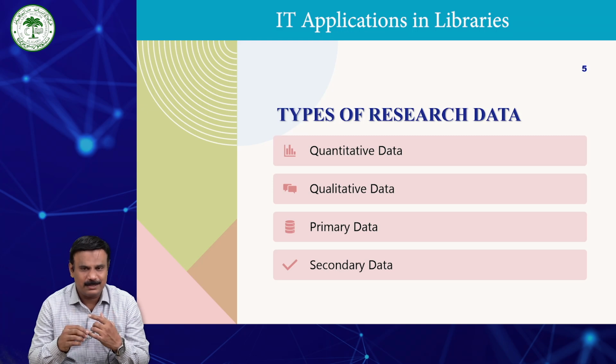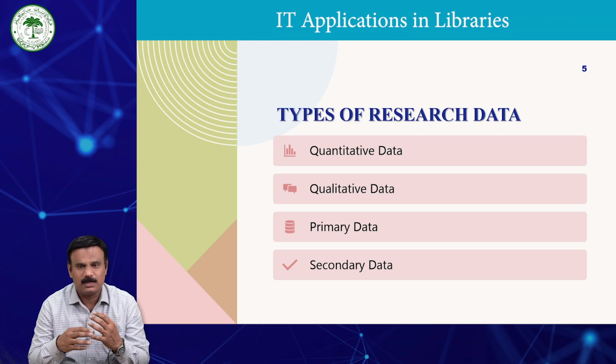Next is primary data. Primary data is original data collected first hand by a researcher, especially for their study or research question. This type of data is gathered directly from the source, making it more reliable and relevant to the researcher's specific needs.